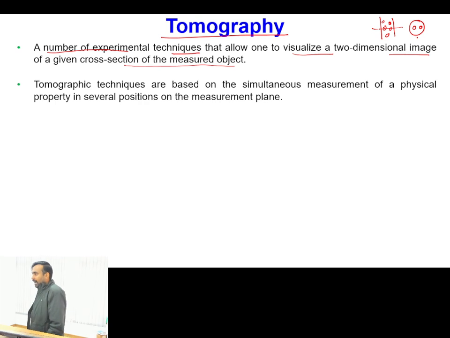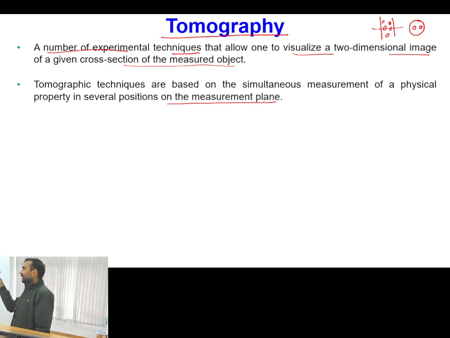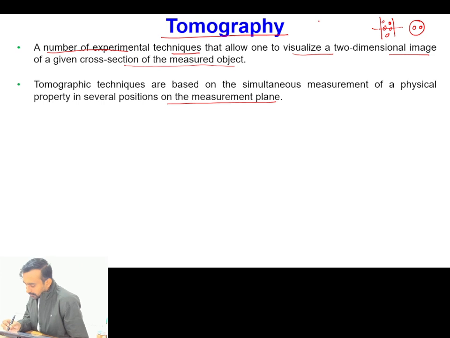Now a tomographic technique can be based on simultaneous measurement of a physical property at several positions of the measurement plane. What is the meaning of this? Whenever we were interested in measuring the local one-dimensional void fraction, what was our interest?